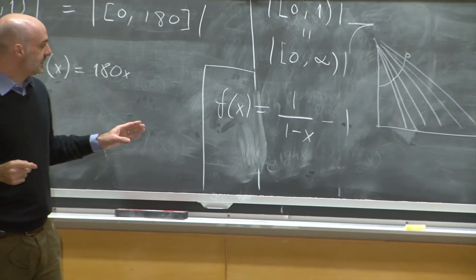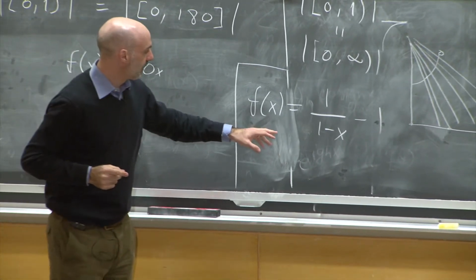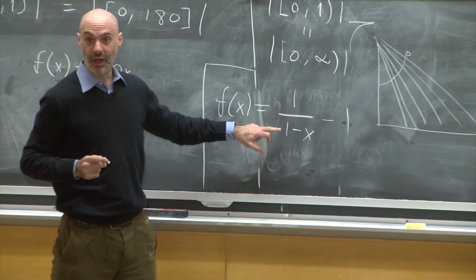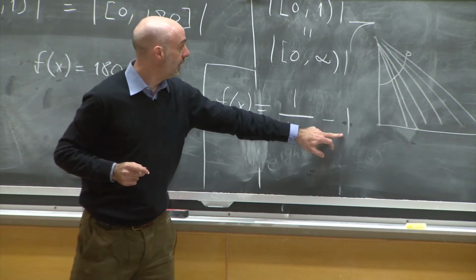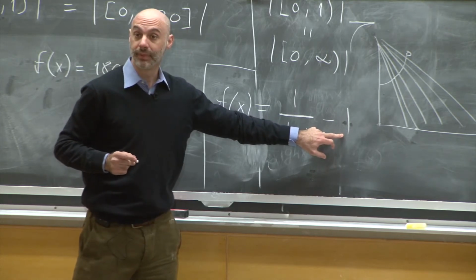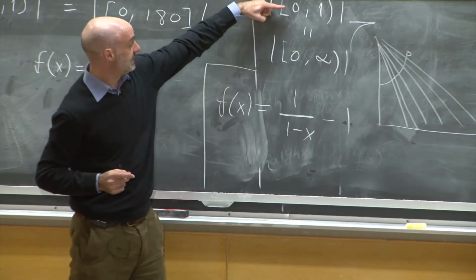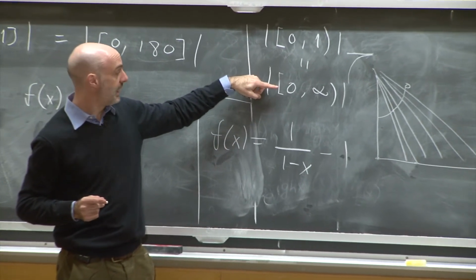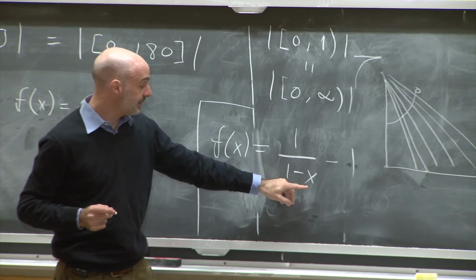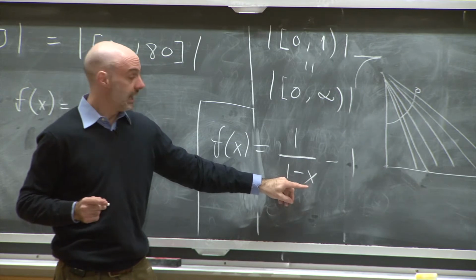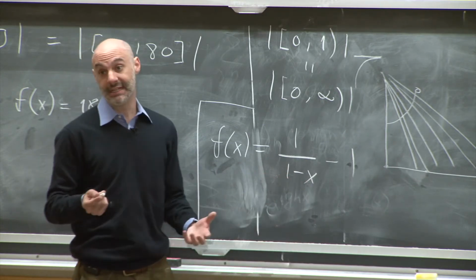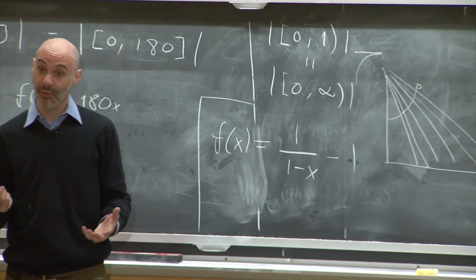Let's look at what that function is going to do. When x is 0, that fraction is just 1, and we remove 1, so we're at 0. So that function just takes us from the first guy here to the first guy there. And then as x approaches 1, this is going to get bigger and bigger, and in fact, it's going to get as big as we want.